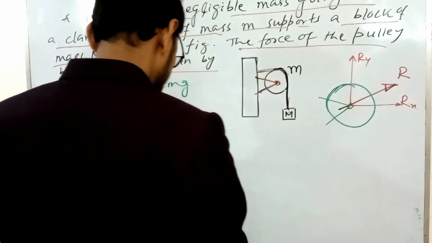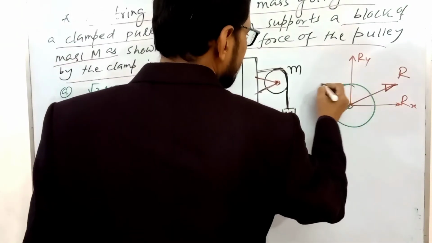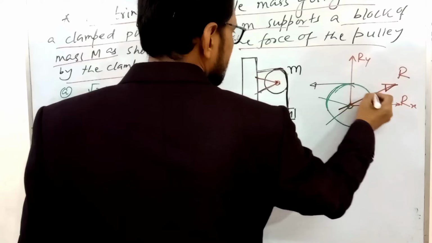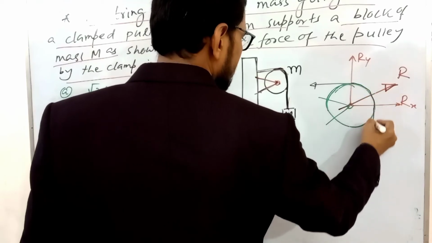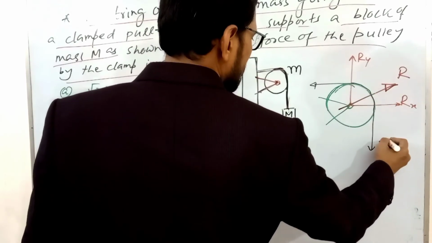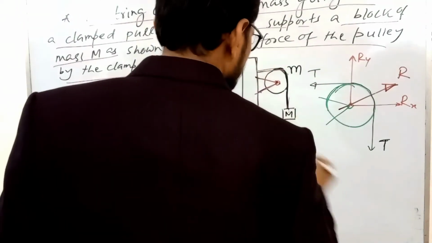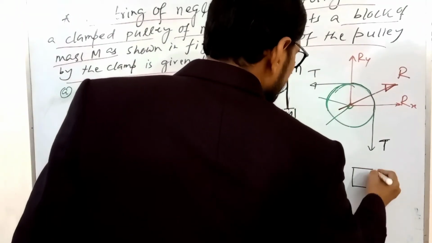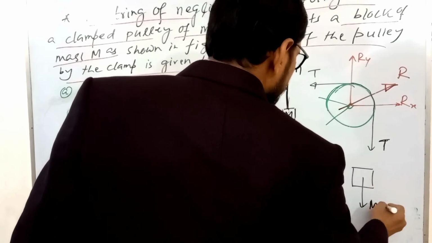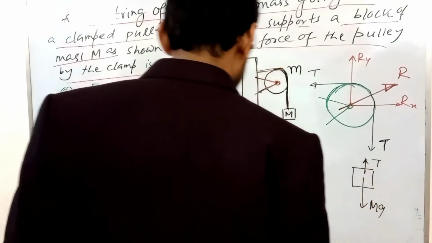Now what are the different forces acting on the pulley? Here the string is present, so suppose the tension of the string is T; here is a T, here is a T. The forces acting on the block are weight in this direction and tension in the other direction.